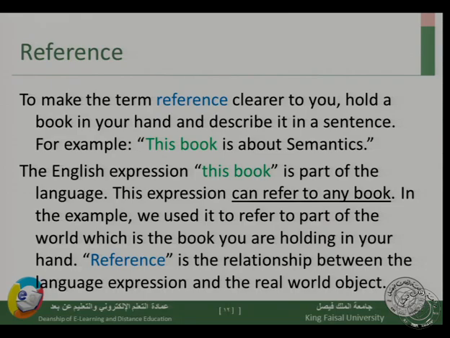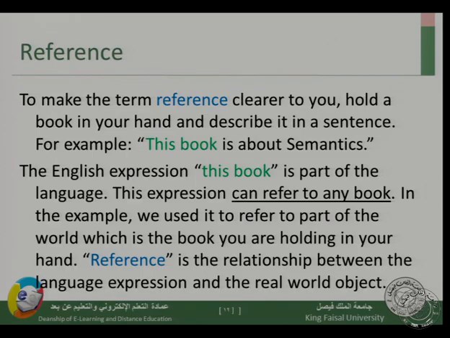Here you can use the expression to refer to any book. So when you say this book, it doesn't mean a particular book until you use it to refer to a book that specifically exists in the outside world. So in the example that you used, when you held the book and you said this is a book about semantics, you used it to refer to part of the world, which is of course the book you are holding in your hand.